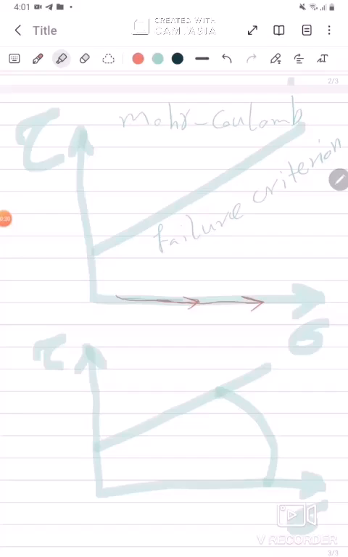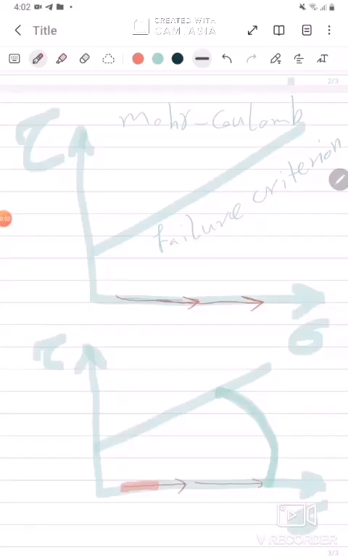If we move on this axis and increase the stress, we reach this cap and the failure happens.